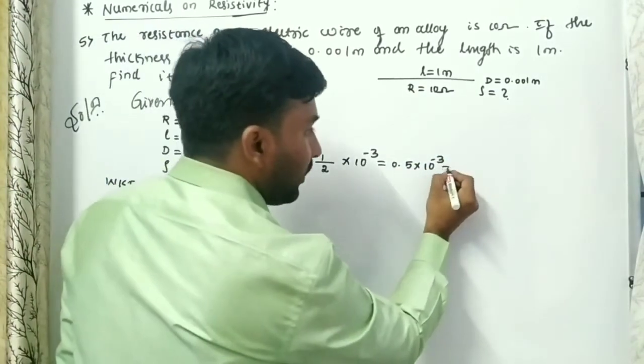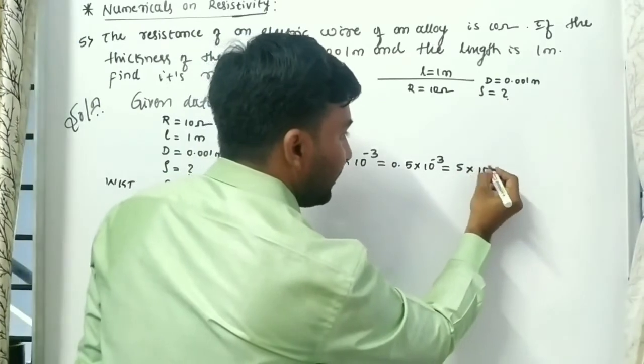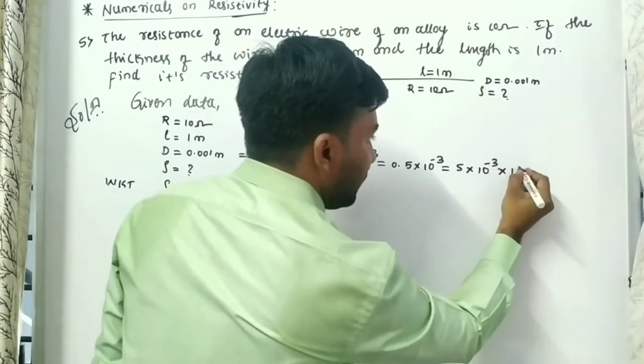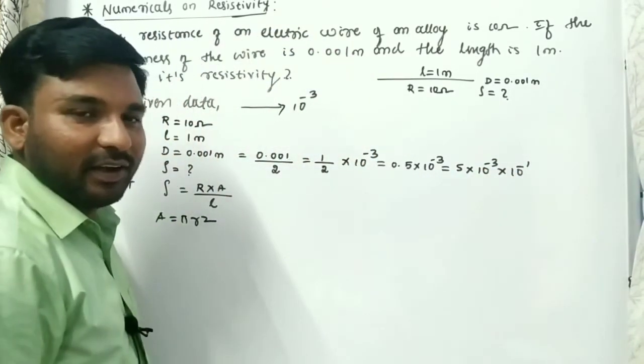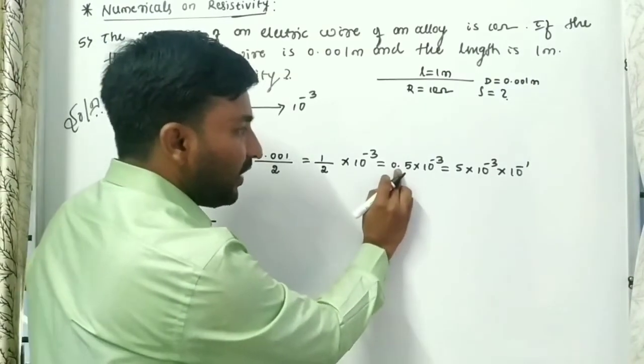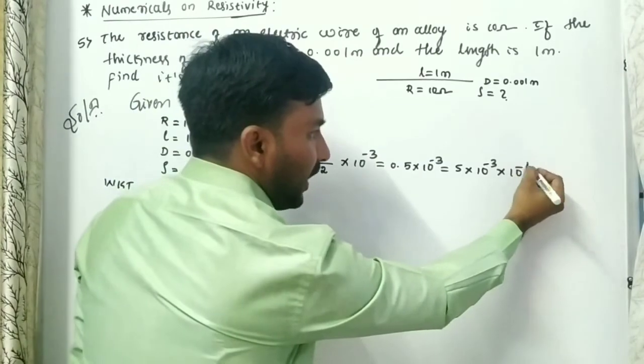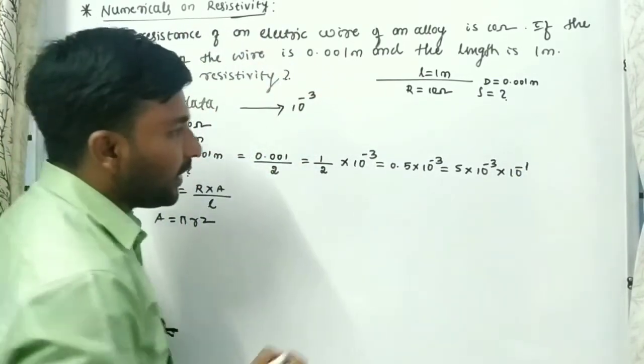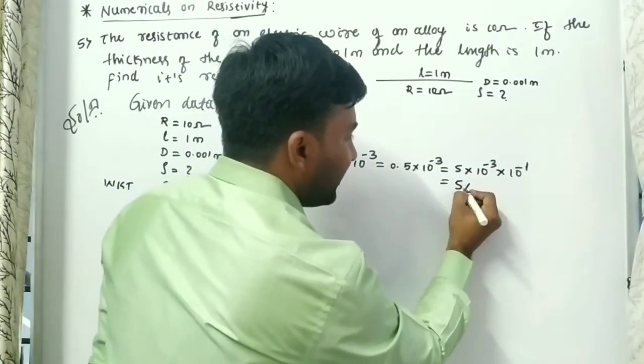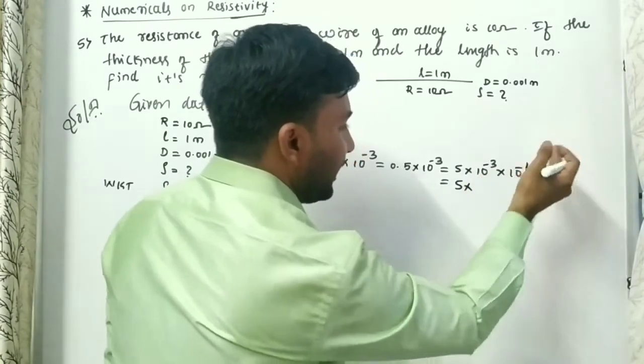Now I can write 5 into 10 raised to minus 3 into 10 raised to minus 1. Got it? How am I writing this? Again I have shifted the point after 5, so 1 digit shifted, so I take 10 raised to minus 1. So 5 as it is, 10 raised to minus 3 into 10 raised to minus 1.